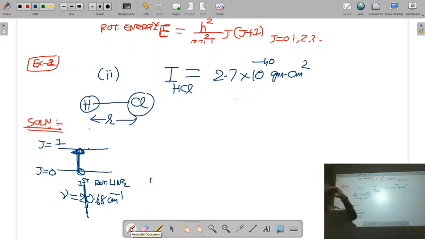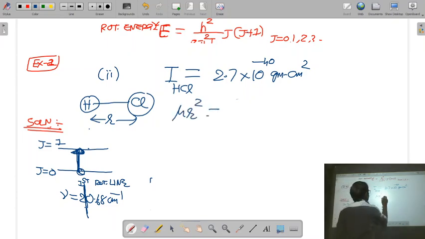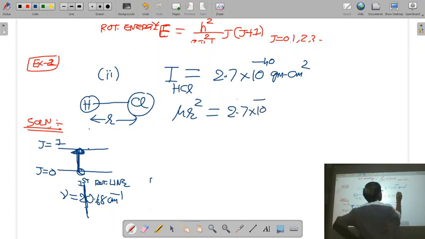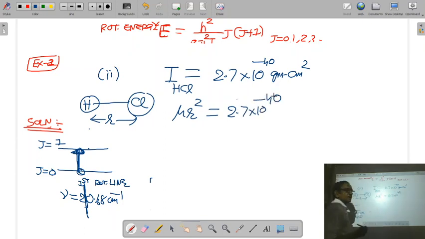You know the equation of moment of inertia: I is defined by mu r square, which is equal to 2.7 into 10 raised to minus 40. Now, mu is the reduced mass of the HCl molecule.